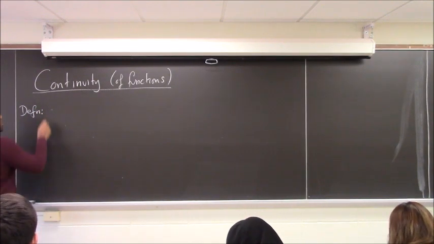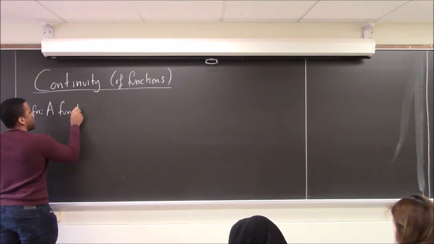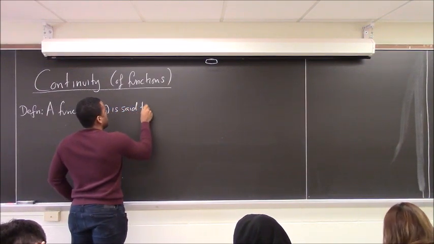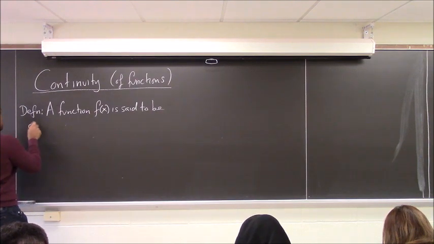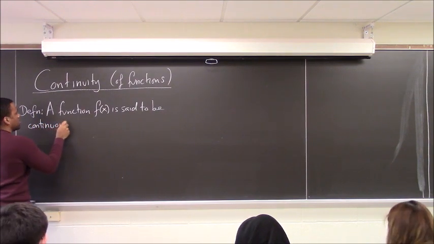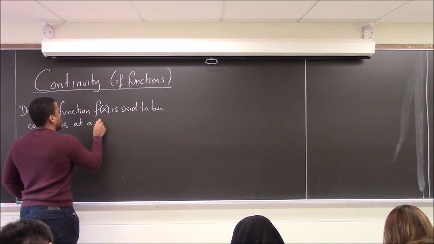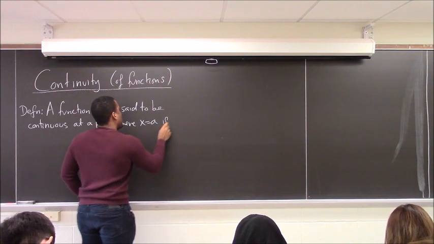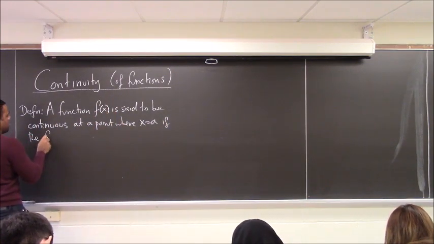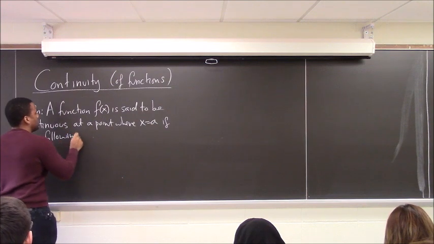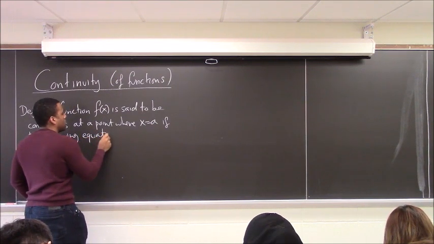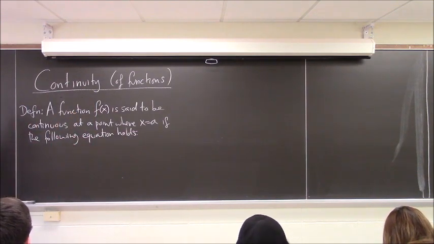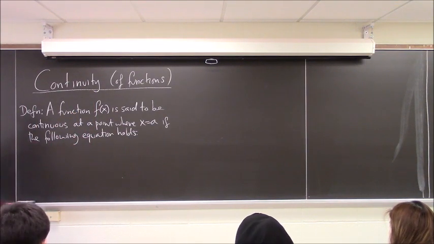Here's a definition. A function f of x is said to be continuous at a point where x equals a if the following equation holds. So this was, of course, one of the bonus questions on the quiz today.